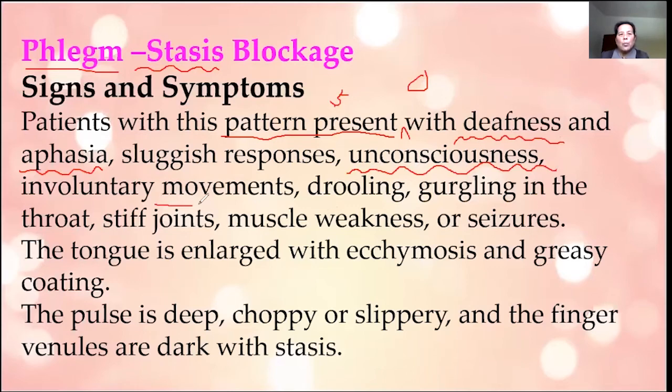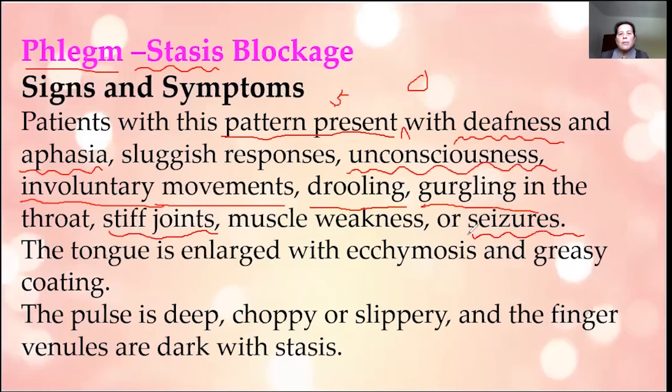They still have movement problems, but they may have some involuntary movement, like restless limbs, and some drooling and gurgling of phlegm in the throat. The joints are stiff, walking is slow and weak, and in severe cases there may be scissors gait.